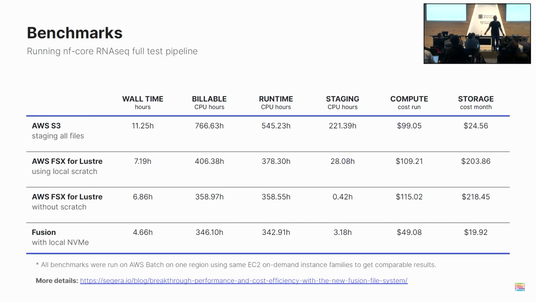So that's the answer. You can see we are going from nearly $100 with only S3, which uses 200 more CPU hours, to more or less the same price with Lustre. This is the cost of the Lustre file system, the cost you pay for the time of the Lustre file system.